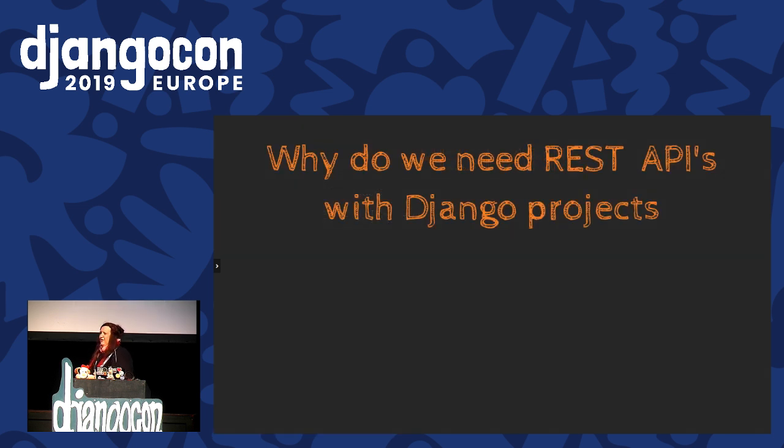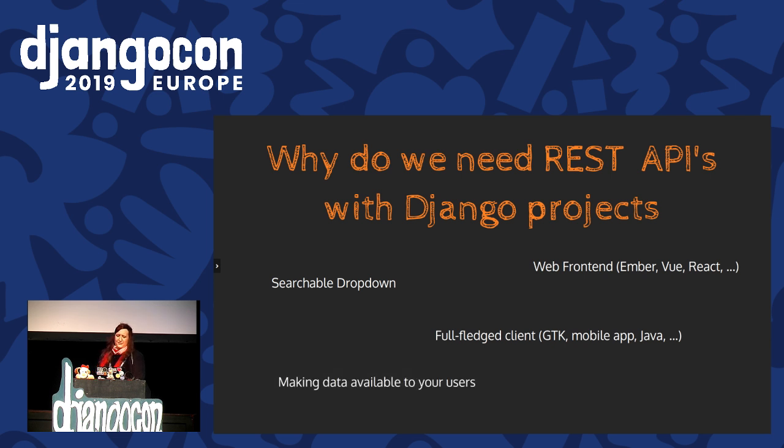So why do we need REST APIs as a Django project? After all, what we want to do is display web pages. We don't want APIs. Well, you kind of do. You sometimes want the APIs to add advanced components on your page, or you want to make your data available to third-party applications. That's been for a long time the first reason why people made APIs for their products, for their website.